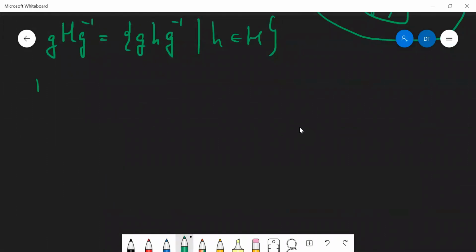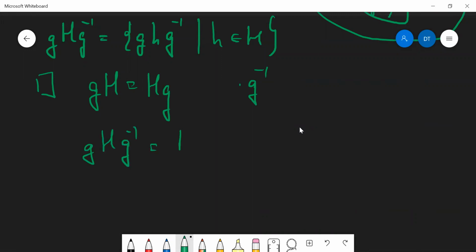Now let me show you how this is done. If we have this equality, multiply it by g inverse on the right, and you'll get this equality.